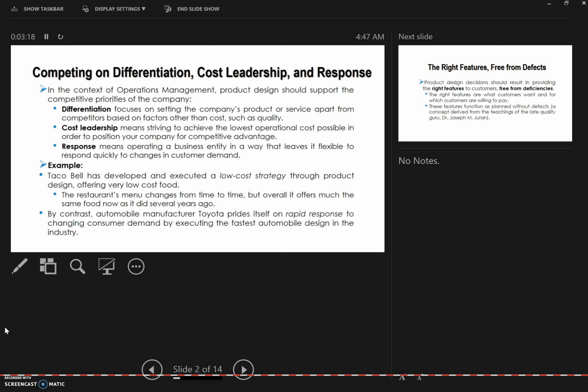The restaurant's menu changes from time to time, but overall it offers much of the same food now as it did several years ago. By contrast, automobile manufacturer Toyota prides itself on rapid response to changing customer demand by executing the fastest automobile design in history.